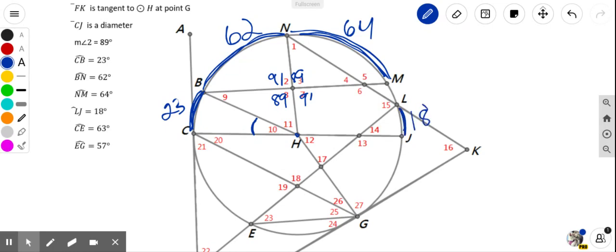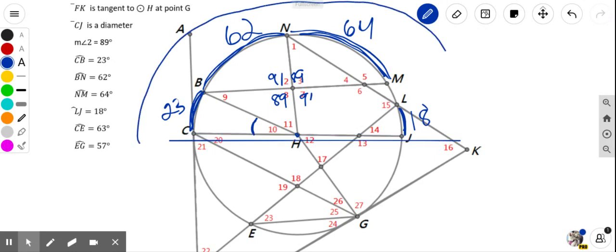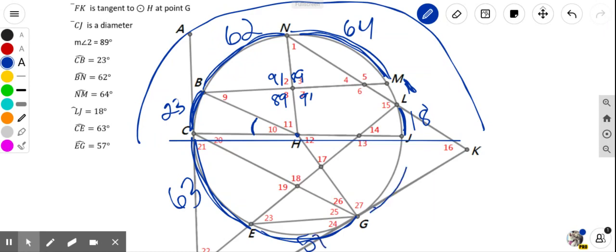So think about how this is a diameter, right? Remember, on either side is 180, so then you could find ML pretty easily. CE is 63. EG is 57. Okay, you could also find this arc pretty easily because this side is 180 also.